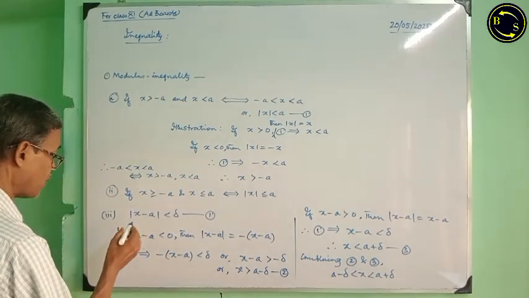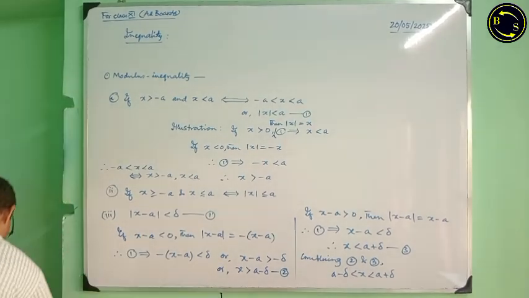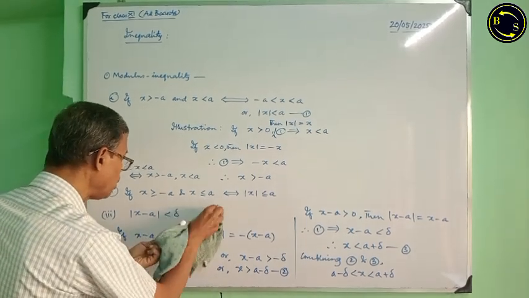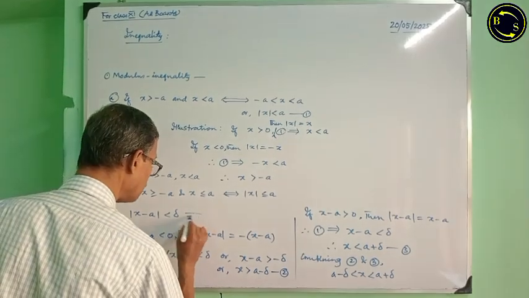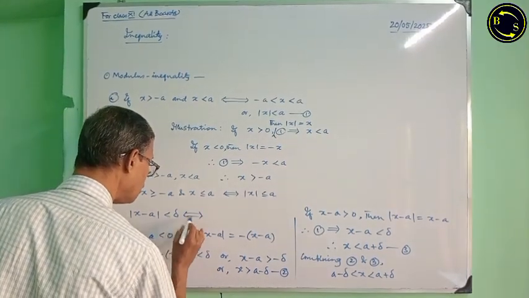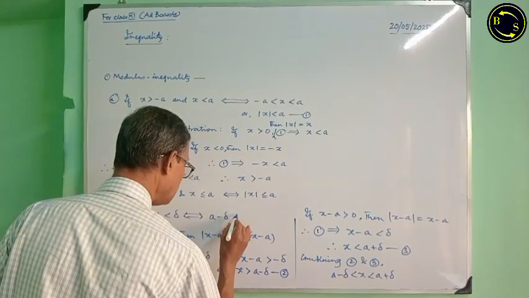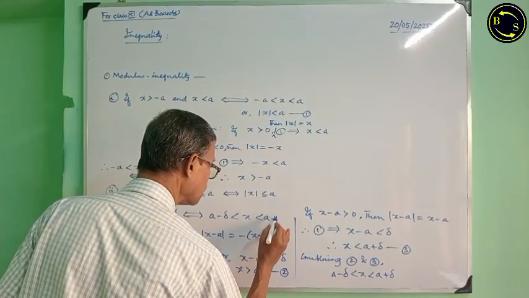Therefore, this is the inequality modulus form, and its inequality form will be a minus delta less than x less than a plus delta.